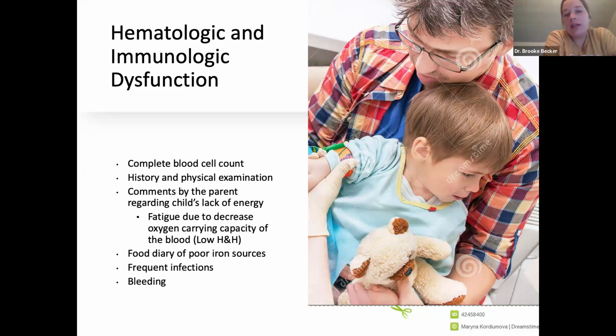You're going to be taking a history and a physical exam. You might be looking at a kiddo who is having hematologic problems. They might be pale, they might have a lot of bruising, they might have prolonged bleeding, they might be really fatigued. Just look into some of those symptoms that you might be noticing.